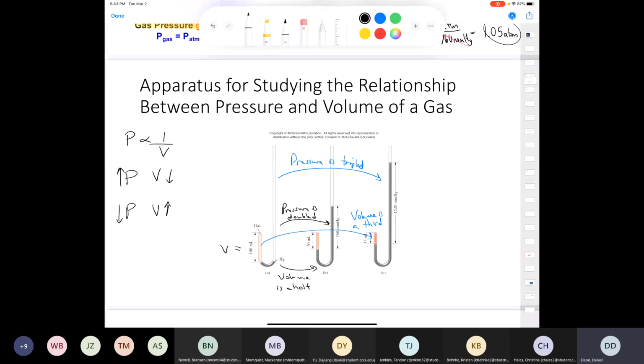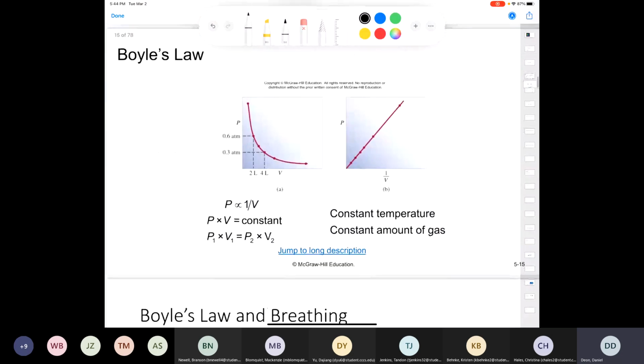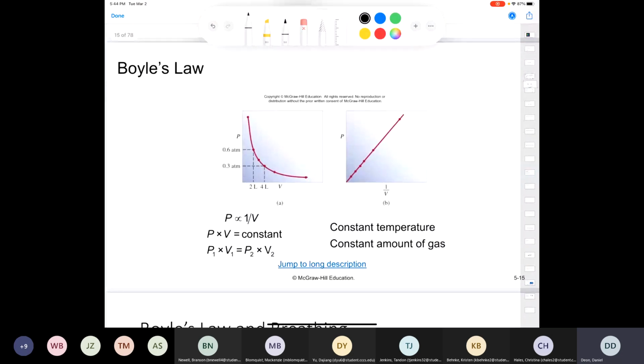Okay? Now that inverse relationship is interesting if we make a plot of it. What if we plot a bunch of measurements of pressure of a gas versus volume? Well, somebody's already thought of that. Here's a plot of pressure versus volume shown right here.